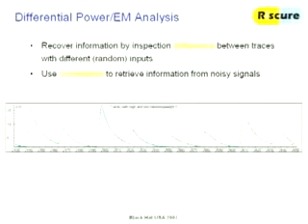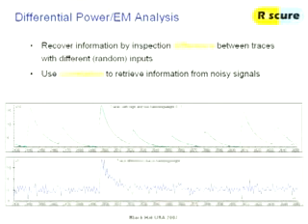Okay, another form is differential analysis. It's not always so easy that you get measurements that are so different that you can see the information visually in it. In this case, the traces are pretty equal. You don't really see a difference. Only when you take the difference, you start seeing information. In this case, apparently, at the third peak, something happened that's related to the input.